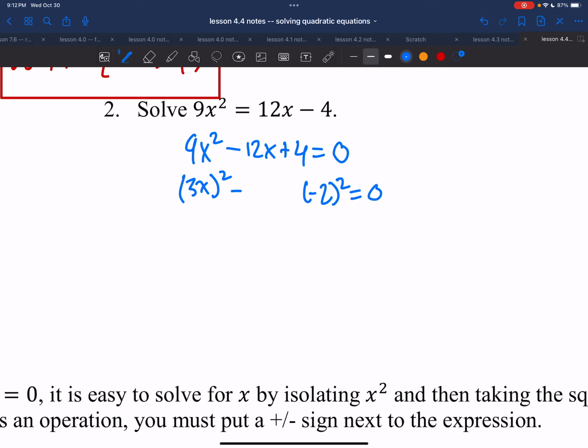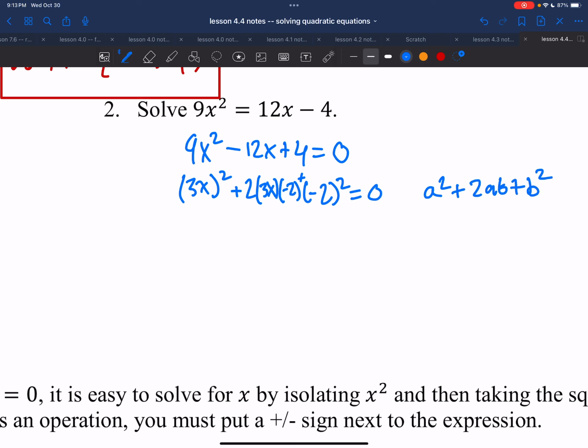You could say it's negative 2 squared. And so this is plus 2 times 3x times negative 2. I'm just highlighting that this is following the pattern of a squared plus 2ab plus b squared.